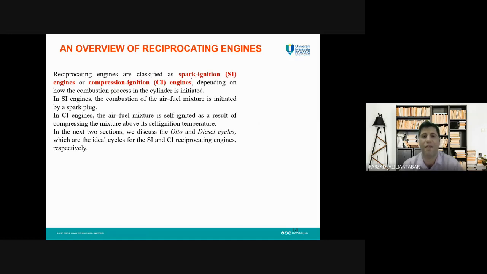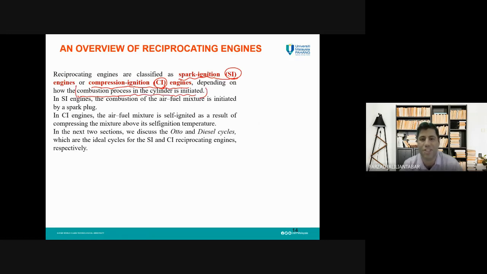Based on that, we have two classes: the spark ignition internal combustion engine, and the compression ignition, or CI engine. So we have SI and CI engines. This is important, since later on we will just call them SI and CI engines. This classification depends on how the combustion process is initiated in the cylinder.